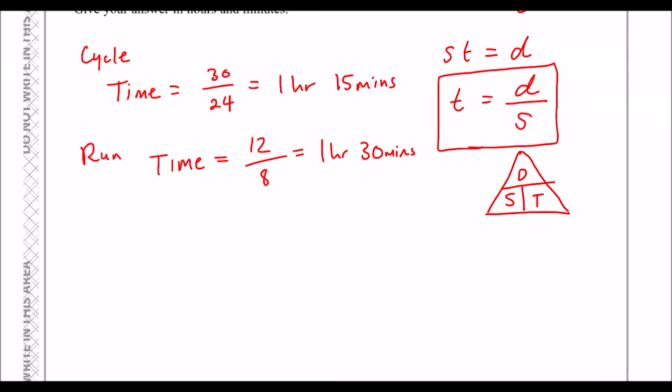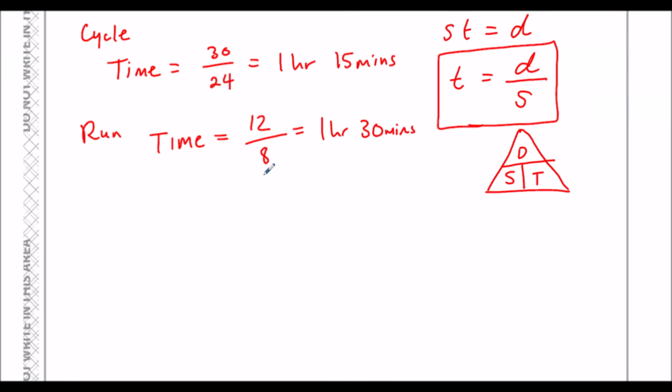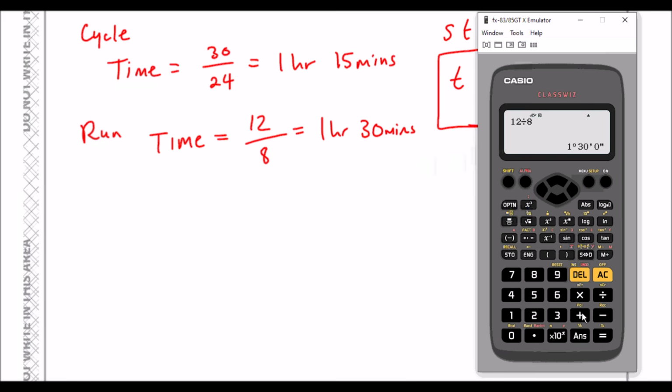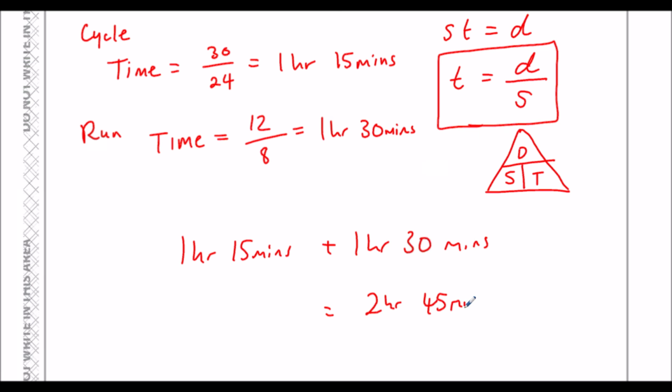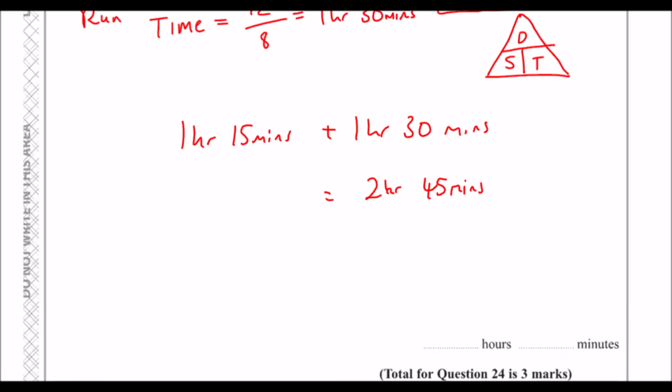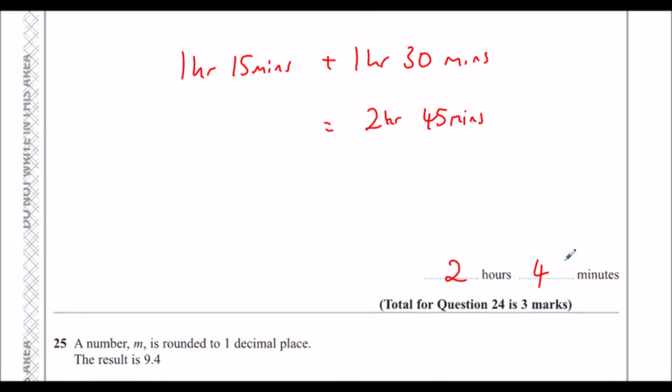So what's the total time? 1 hour 15 minutes plus 1 hour 30 minutes is 2.75, or 2 hours 45 minutes. So 2 hours and 45 minutes.